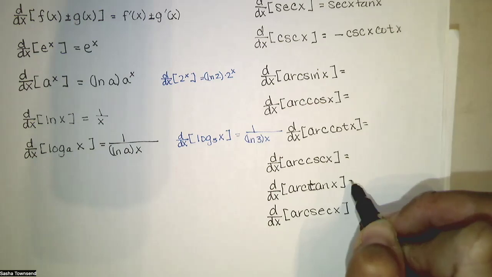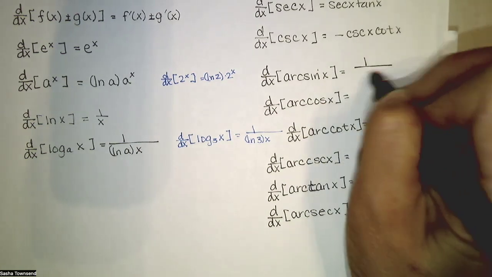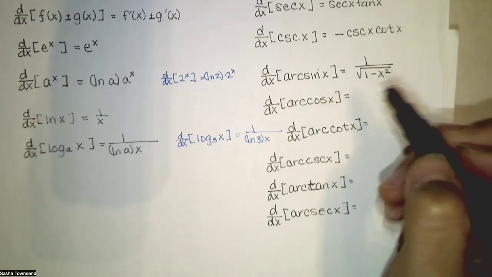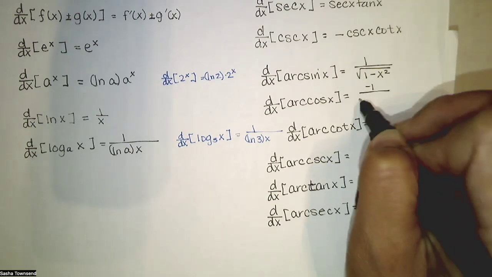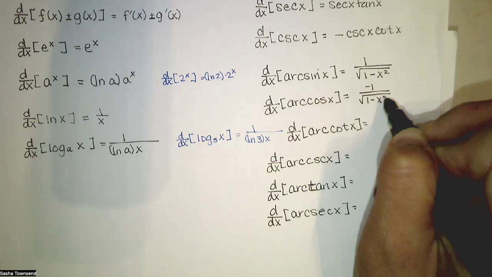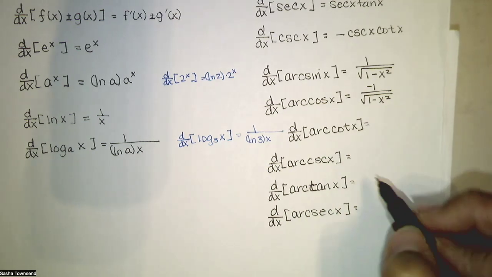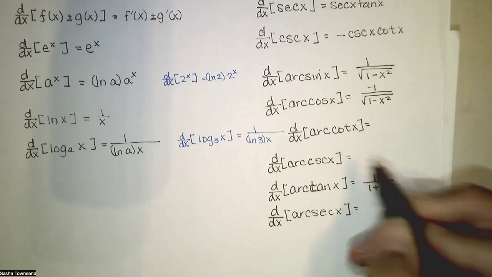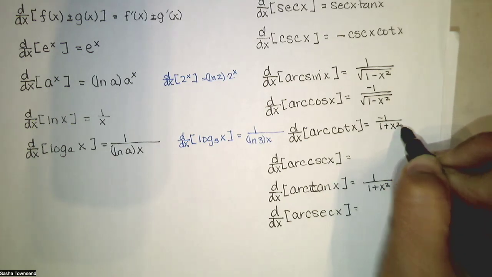Okay. So it turns out that the derivative of arcsine of x is 1 divided by the square root of 1 minus x squared. And the derivative of arccosine is exactly the same as this, but it's multiplied by -1. Now for the derivative of arctangent, which is usually the one I would write next, I get 1 over 1 plus x squared. The derivative of arccotangent is -1 over 1 plus x squared.